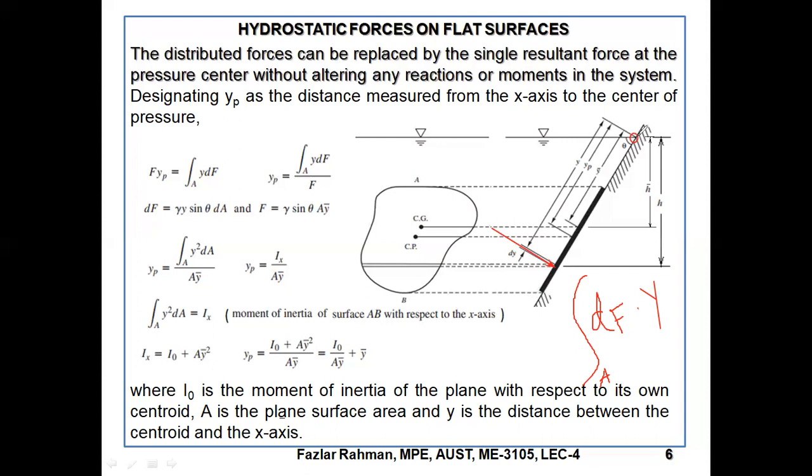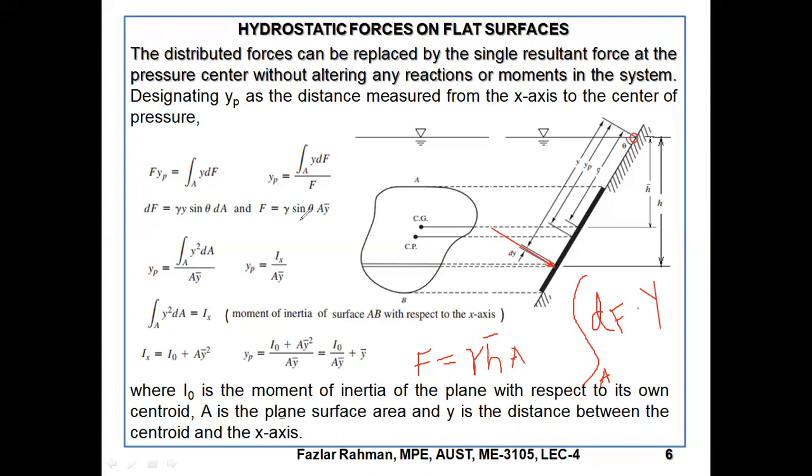Now, the total amount of force, we already figured out in a previous slide, that F equals gamma h bar into area. That we already figured out, F equals gamma sine theta, because sine theta into y bar equals h.